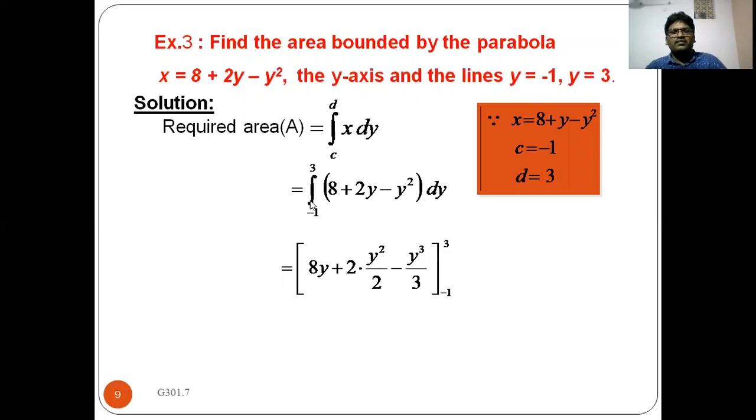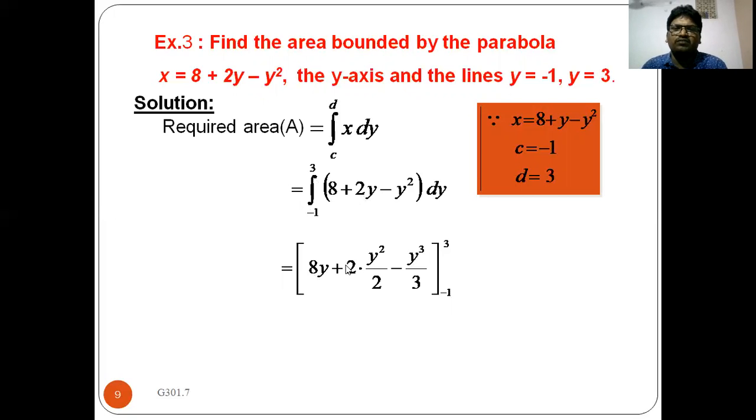So here the x value is given from the problem, x equal to 8 plus 2y minus y square. Substitute this x value here and now integrate. It is ready to integrate. The integration of 8 is, since it is a constant, take it common, then the integration of 1 dy is y, so 8 into y is 8y.